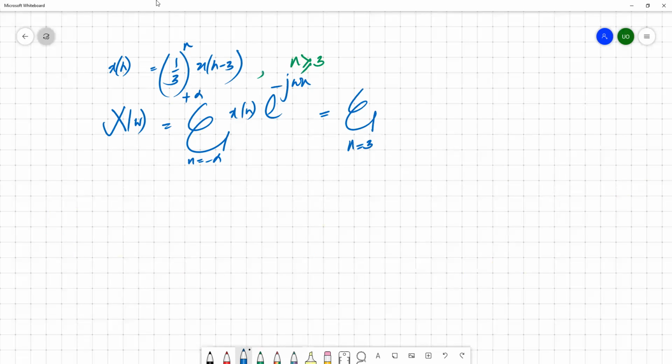n equals 3 to infinity, x[n] times (1/3)^n e^(-jωn).